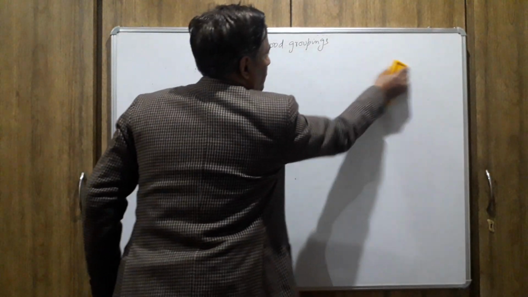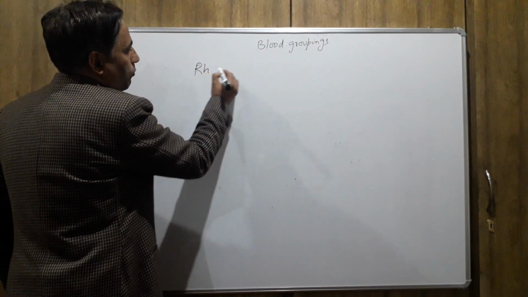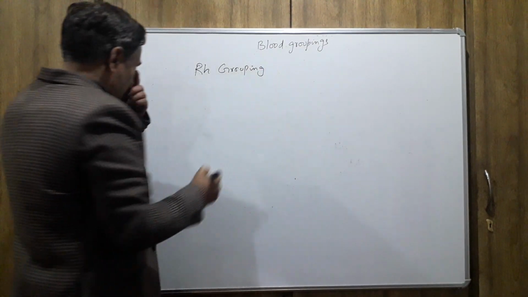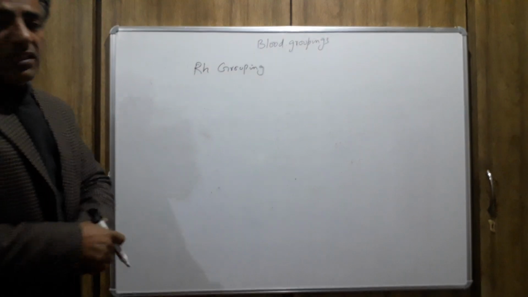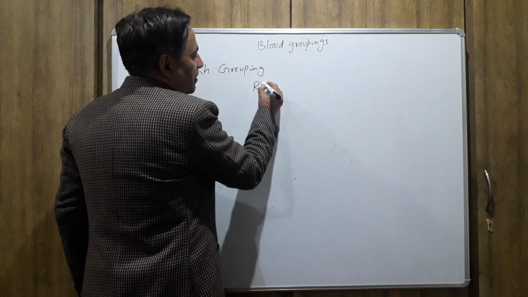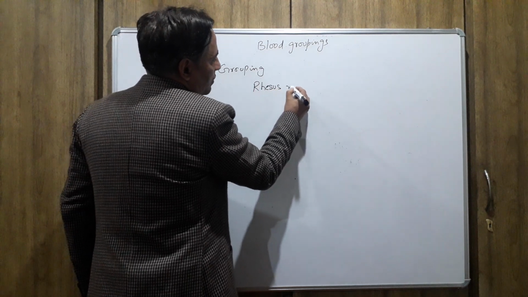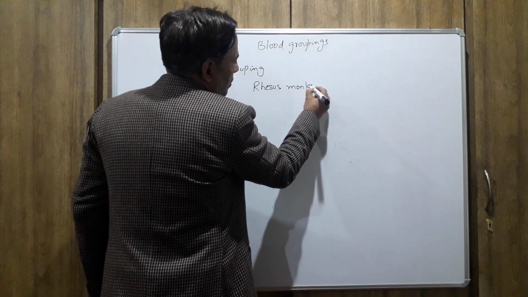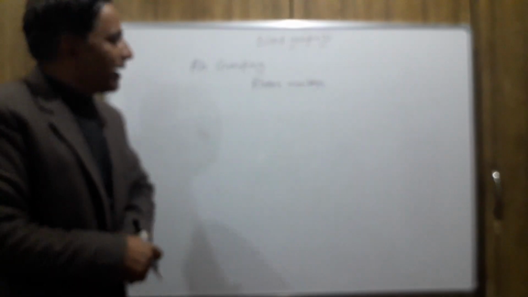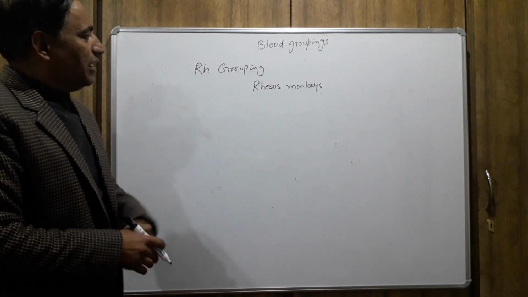In the case of RH grouping, this grouping was first discovered in the rhesus monkeys, whose scientific name is Macaca mulatta.